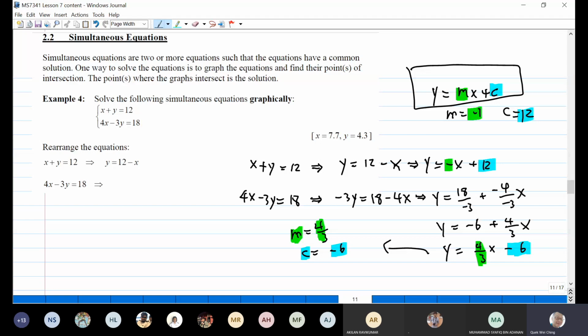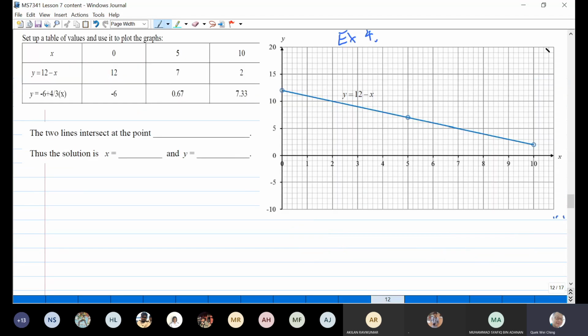So now I want to get the intersection graphically from the graph. Find the intersection of these two straight lines. Each of them is a straight line, so you have to draw two separate straight lines, right? So let's look at here. I want to draw a straight line, so I must get at least 3 points.